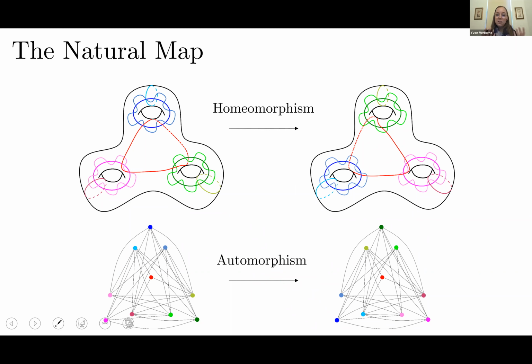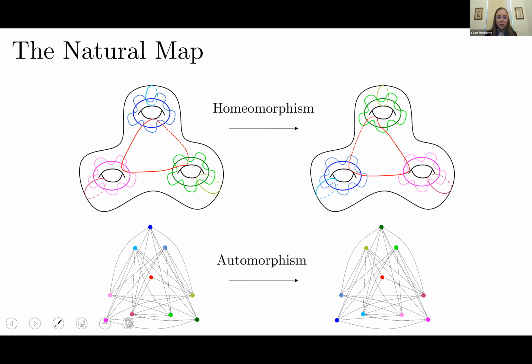One of the ways that we can see why this is a natural question to ask is to just study what a homeomorphism of a surface does to a collection of curves on the surface. On the top left, notice that I have a surface of genus 3 and I have a collection of curves on the surface. When I do a homeomorphism of the surface, something that we discussed before is that homeomorphisms of the surface will preserve disjointness.